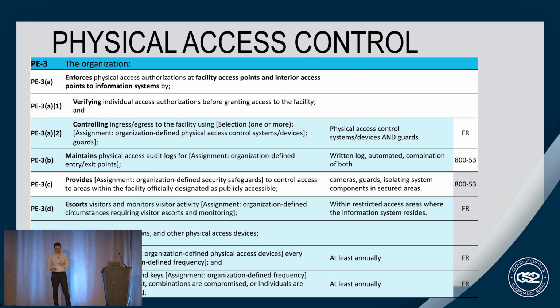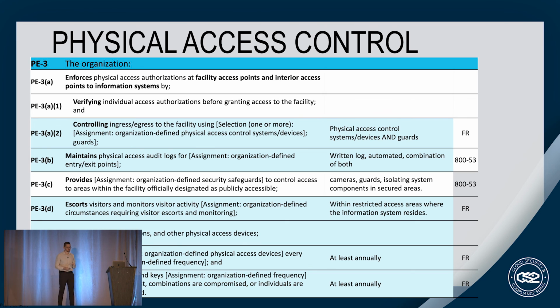So if I incorporate these specifications into the statements, I'm going to enforce physical access authorizations at the outside perimeter and in controlled areas where the information system lives. I'm going to control ingress and egress, as much as I hate it right now. We'll see if we can do anything about it. Access control devices and guards.